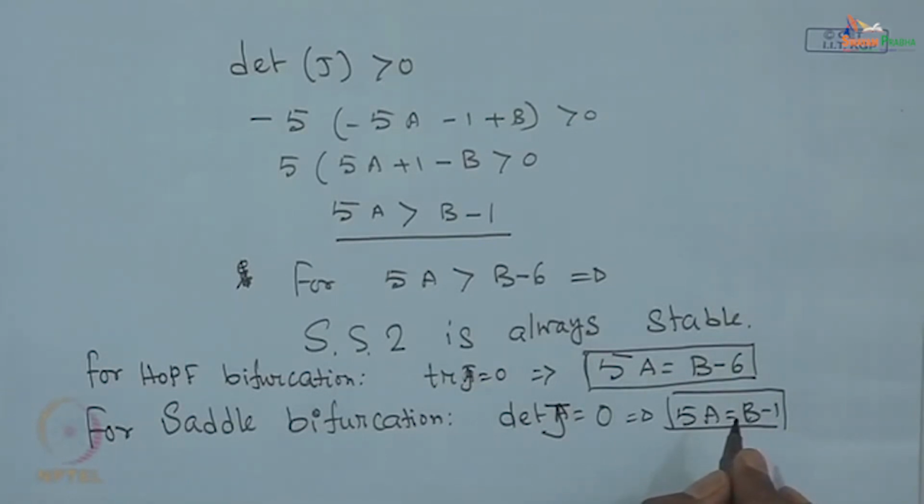What is left now is the third steady state, and we again will be evaluating the Jacobian matrix at steady state number 3 and seeing the stability criteria.